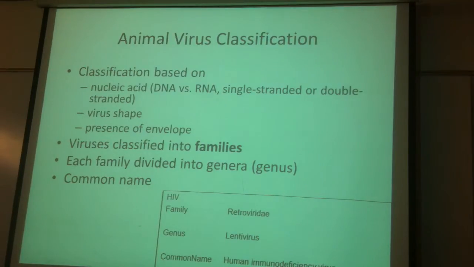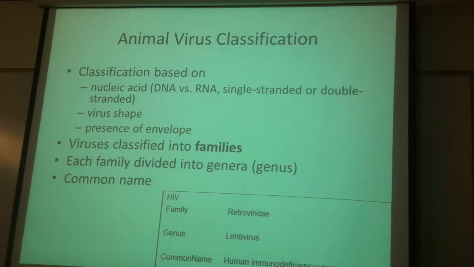Okay, so animal virus classifications. Viruses get classified based on their nucleic acid, the strand type, whether it's single stranded or double stranded, RNA or DNA, and what shape. There are very many shapes these viruses can take. It's another form of classification. Also, are they enveloped or non-enveloped?